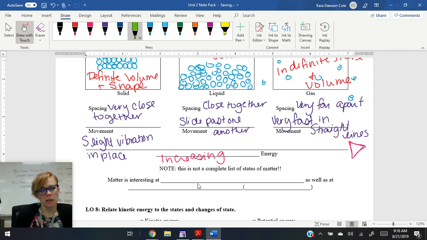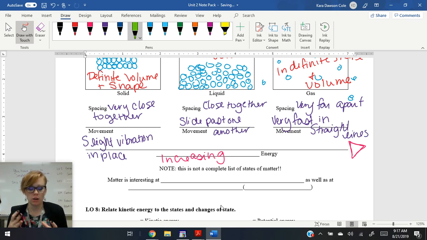One thing that we can talk about here is matter is very interesting. This is not a complete list of the states. Solid, liquid, and gas are the three main states of matter. But you also have plasma. You also have what's known as a Bose-Einstein condensate, if you want to look that up. You also have a white dwarf star that is a different state of matter.